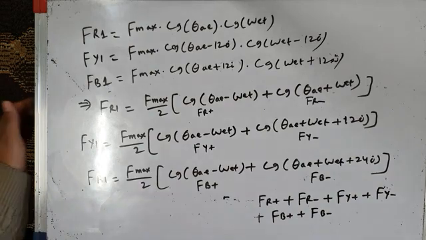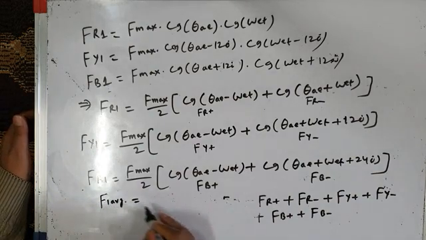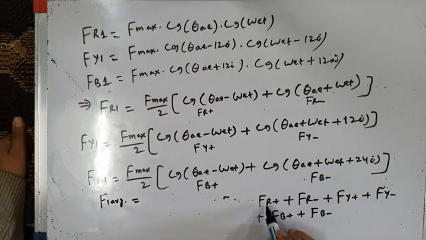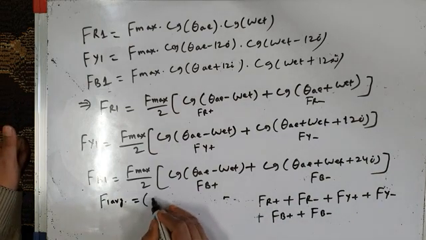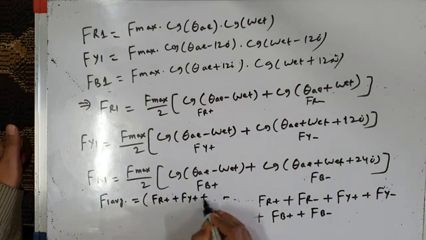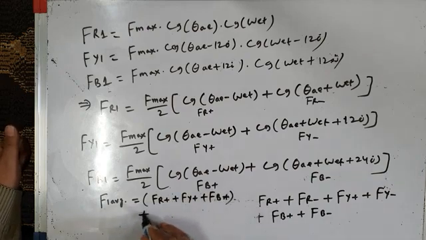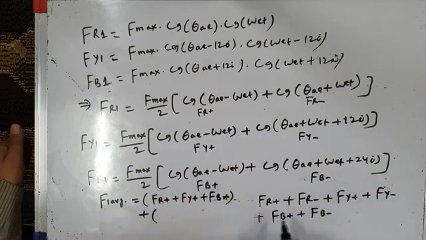I can also write F1 average is equal to, let me take these positive components, we segregate the clockwise rotating components: FR plus, FY plus, FB plus, and then the counterclockwise rotating components. I am segregating them.